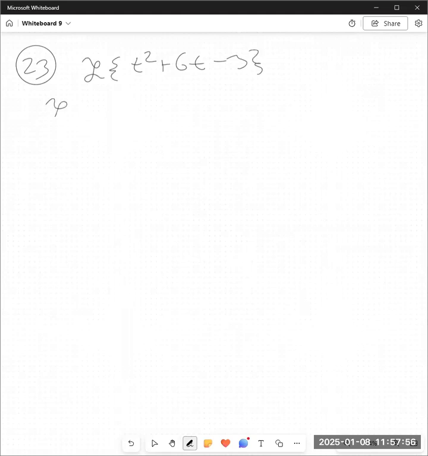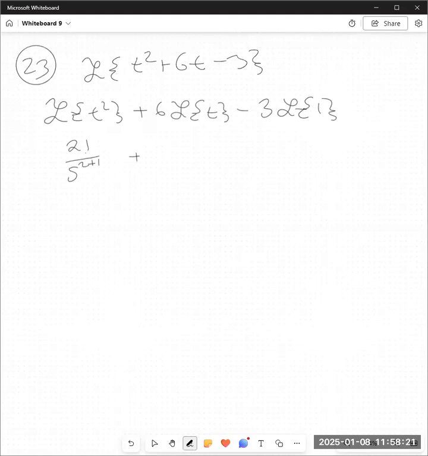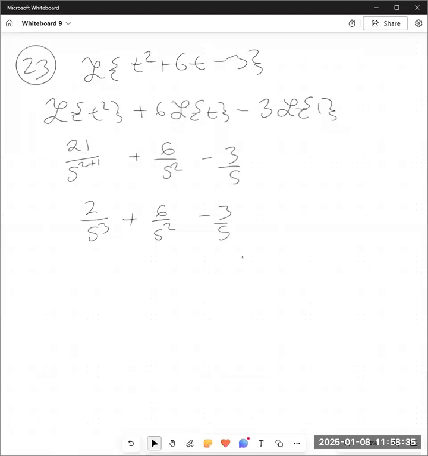So that's the Laplace transform of t squared plus 6 times the Laplace transform of t minus 3 times the Laplace transform of 1. So that's going to be 2 factorial over s to the 2 plus 1 plus 6 over s squared minus 3 over s. 2 factorial is 2, so 2 over s cubed plus 6 over s squared minus 3 over s.